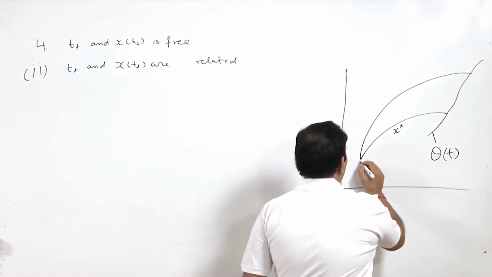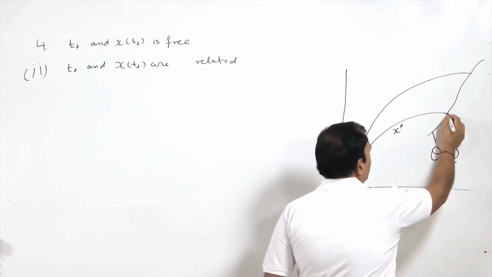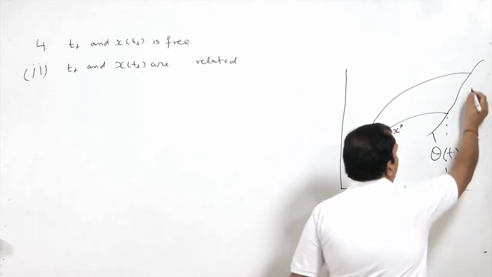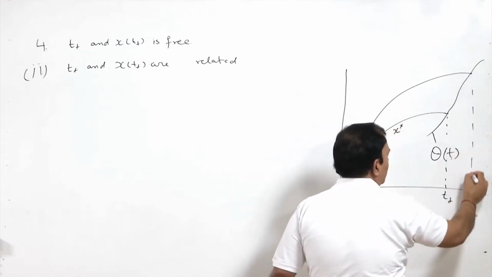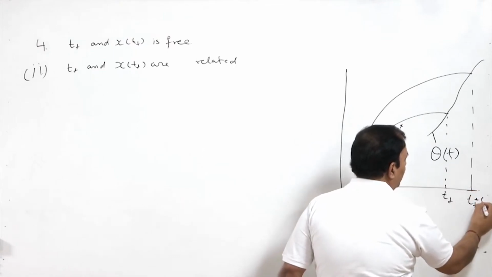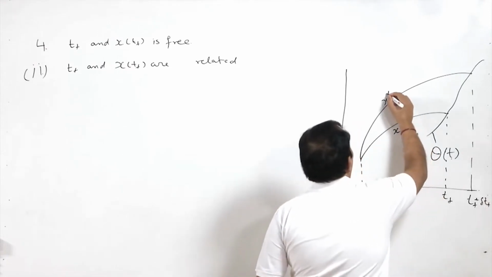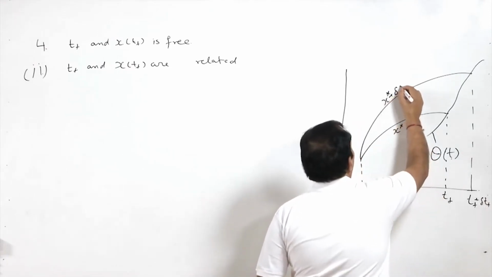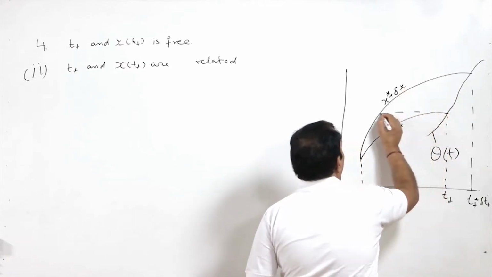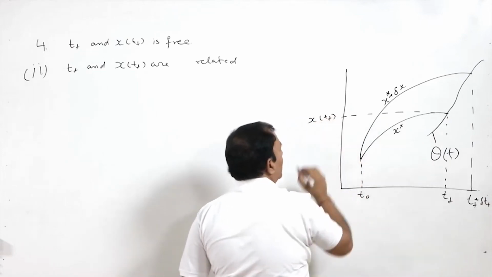This is T0, and this is nothing but my TF. This is the same as we have discussed in the previous class: TF plus delta TF, this is my X star plus delta X, the variation, and this is my X of TF.